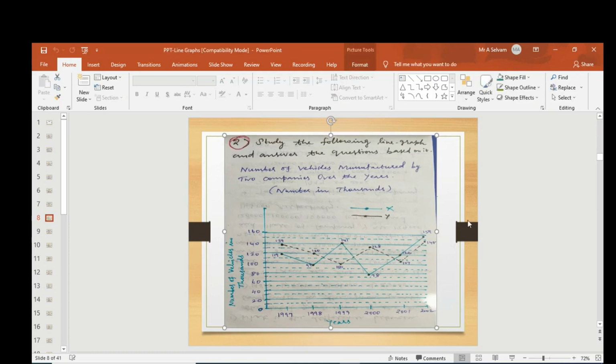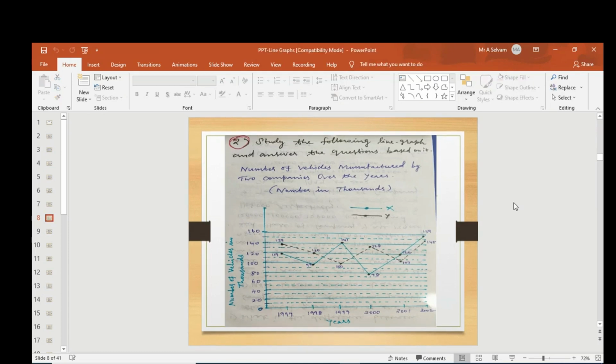Likewise we have to consider, that is what in thousands means. Likewise for Y manufacturing company also. These are the two vehicle manufacturing companies given for the period of 1997 to 2002.